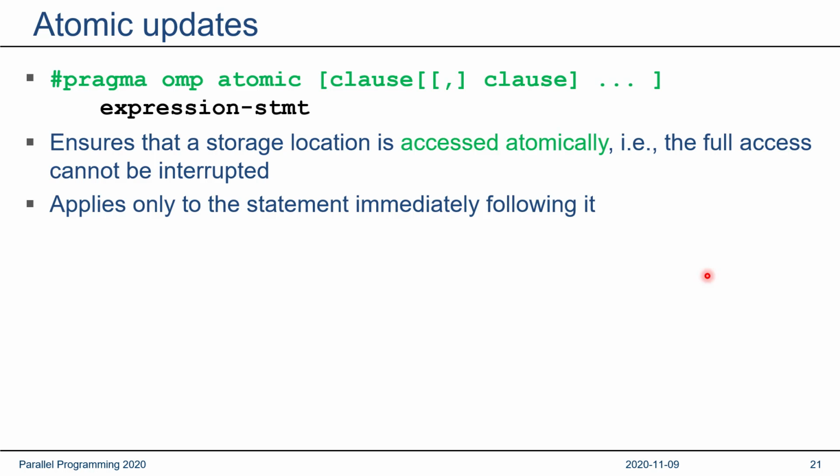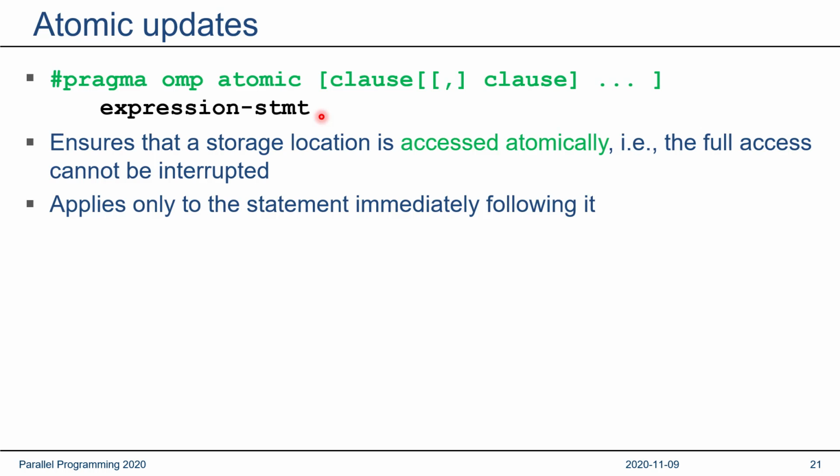The atomic clause is a little bit more specific in that it may allow, depending on the hardware and the software implementation, very efficient, very fast updates which are protected from other threads. So here's the general form, pragma OMP atomic. There are some clauses, and there are also other forms of this construct. Here we use the simplest form, where the atomic just works on the immediately following expression statement.